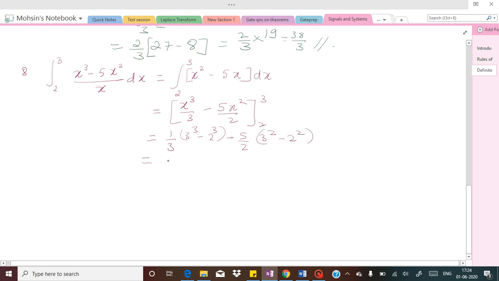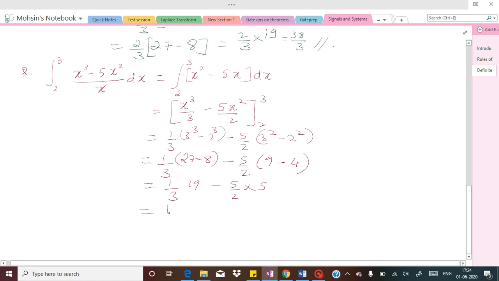Okay, so 1 divided by 3, 27 minus 8, minus 5 by 2, 9 minus 4. So this is going to be 1 divided by 3, 27 minus 8 is 19, minus 5 by 2 into 9 minus 4 is 5.